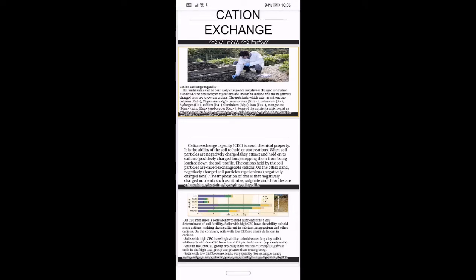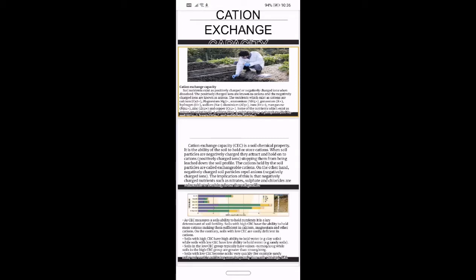Soil with high CEC has a high ability to hold water, like clay soil, while soil with low CEC has a low ability to hold water. Soil in the high CEC group has values greater than 10 milliequivalents per 100 grams.